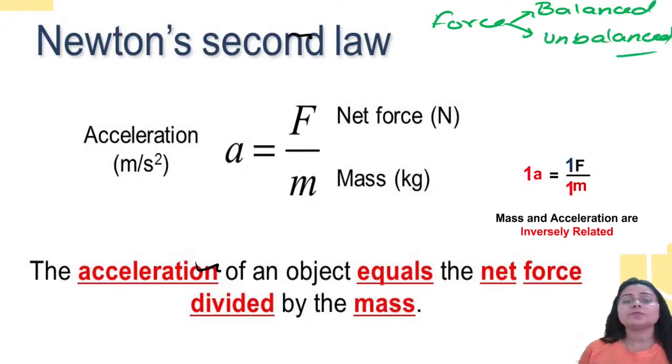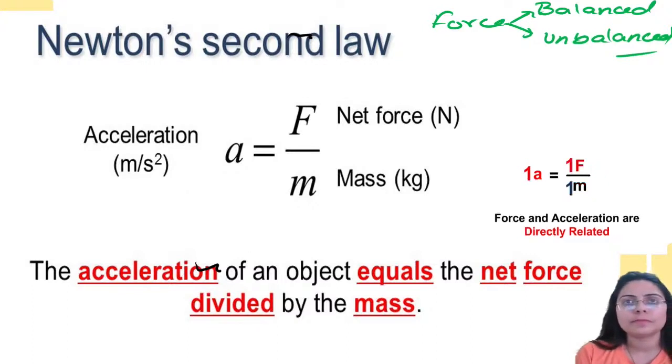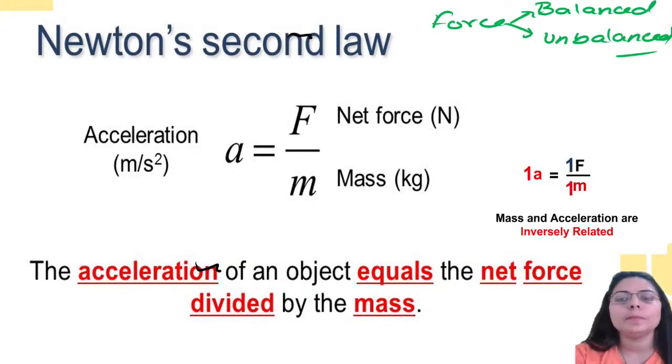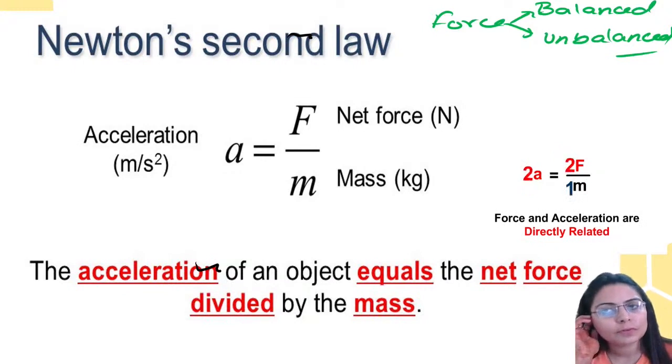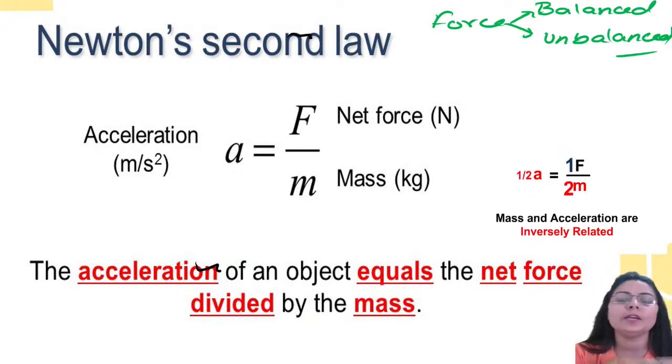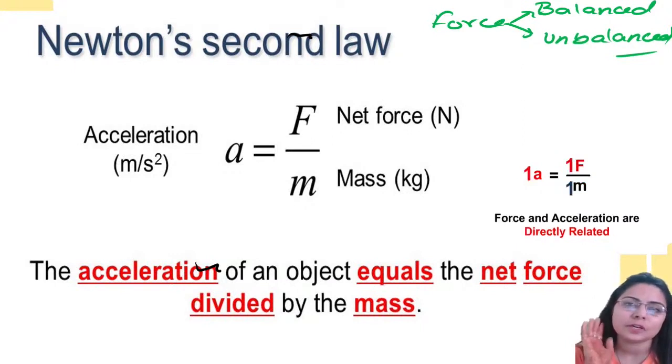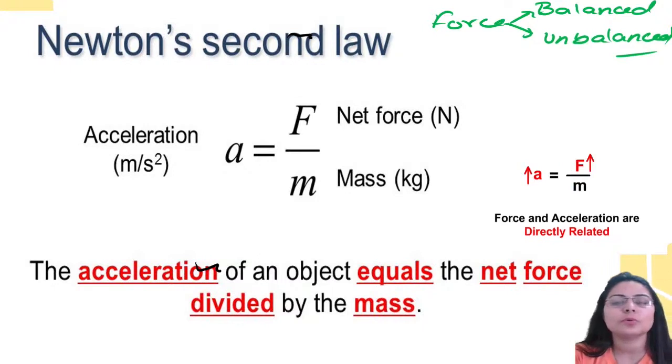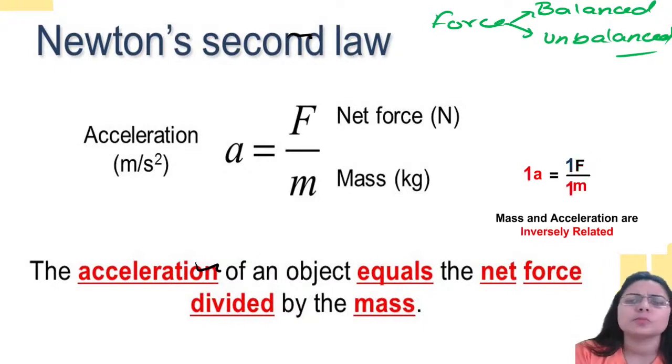Balanced force is of no use if we consider motion. If both the forces applied on a body are balanced, it won't result in any resultant force. And if there is no resultant force, there is no direction of motion. Actually, there is no motion.